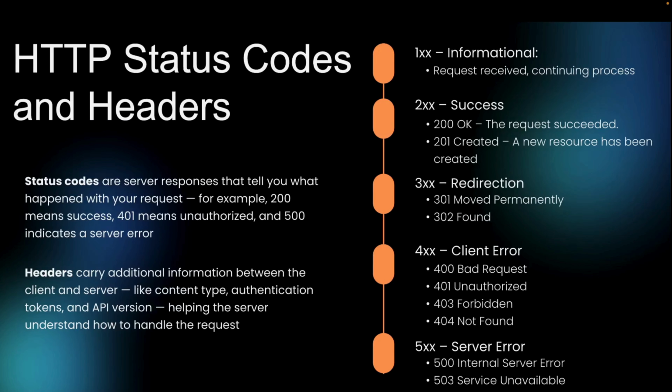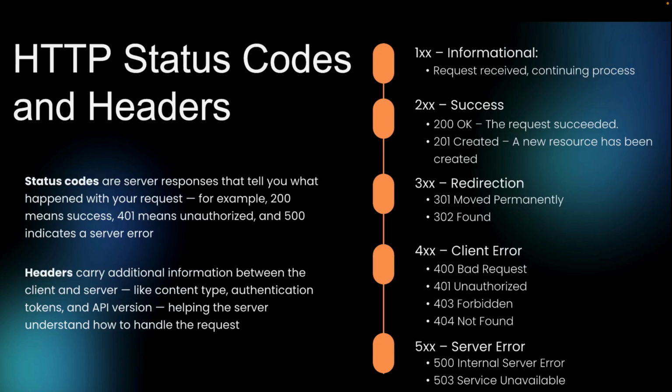Let's move to HTTP status codes and headers. When you hit an API, the server responds with a status code. In other words, we can say status codes are returned by the server in response to a request, and they are grouped as the listed ones.